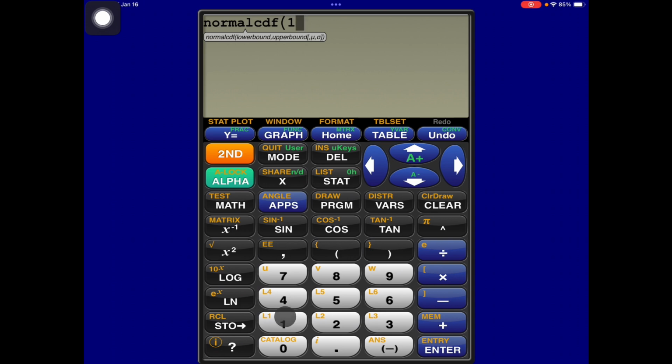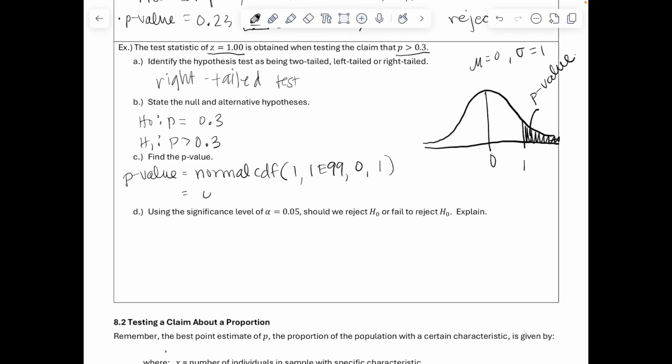Our lower bound is going to be 1, comma, our upper bound, which is that 1E99, so 1, 2nd, comma, which is that E99, comma, our mean, which is 0, comma, standard deviation, which is 1, close your parentheses, select enter, and again, round this to 4 decimal places. From the graphing calculator, rounding to 4 decimal places, we get our p-value is equal to 0.1587.